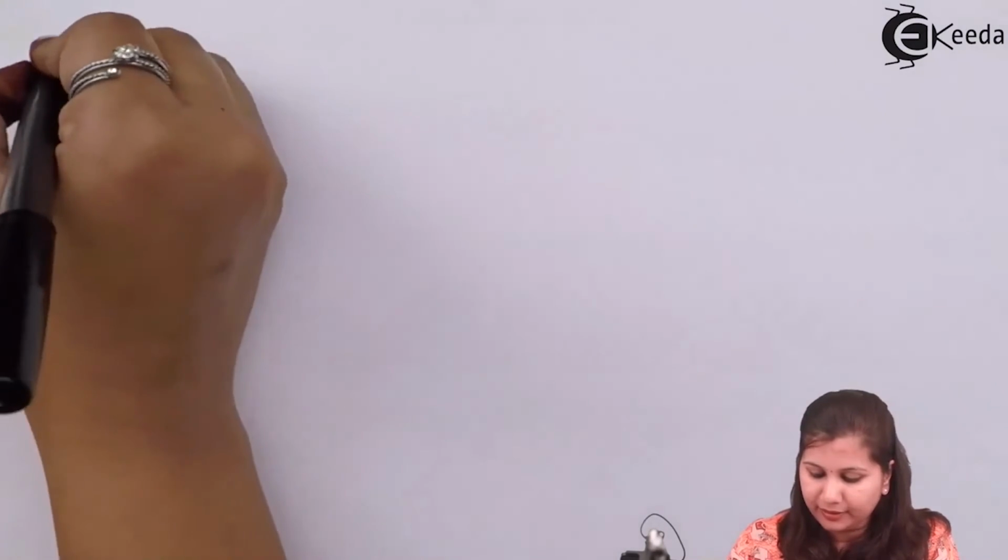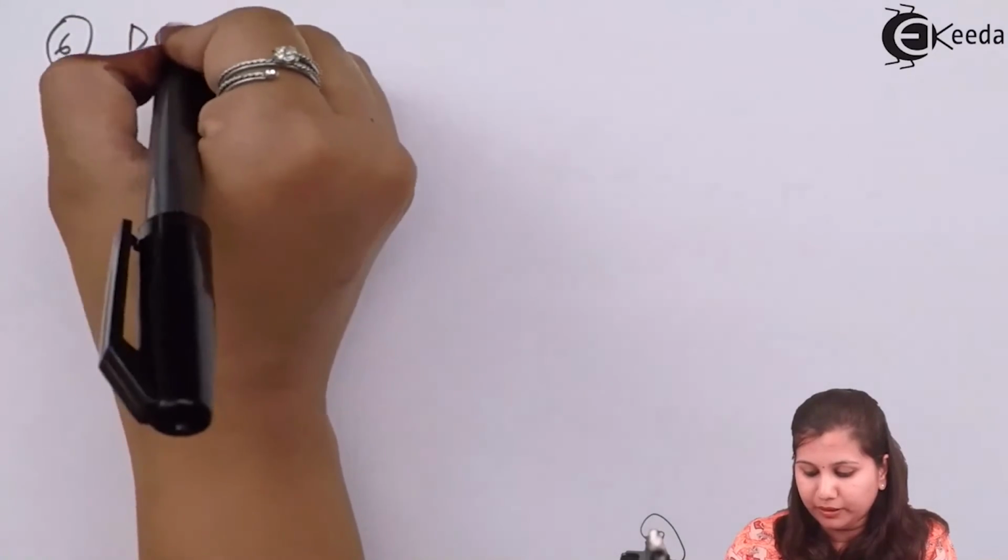We make a value nullified, like in the Wheatstone bridge, where we measure the resistance by making the value across the galvanometer 0. When the galvanometer indicates null deflection, we can say that the bridge is balanced, and we can measure the unknown resistance. So the next classification is deflection and null output instruments.